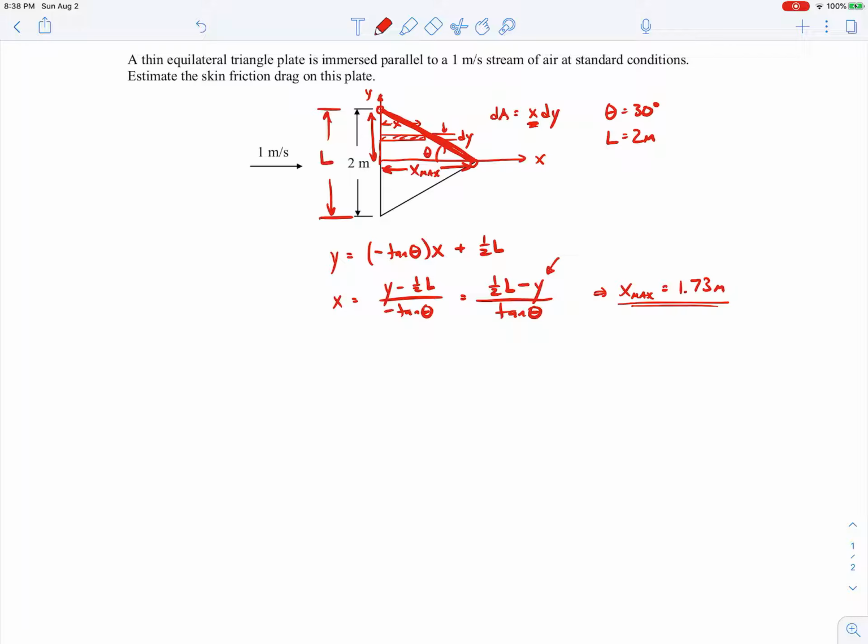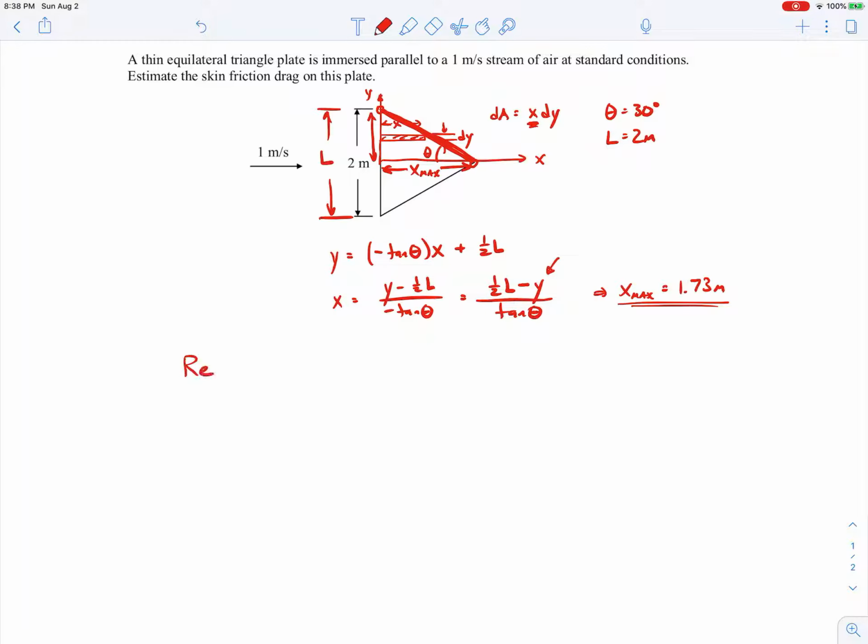All right, so we've set up the geometry here. Now let's start calculating the skin friction drag. In order to find it, I need to know whether the boundary layer over these little rectangles is laminar, turbulent, or some combination of both.